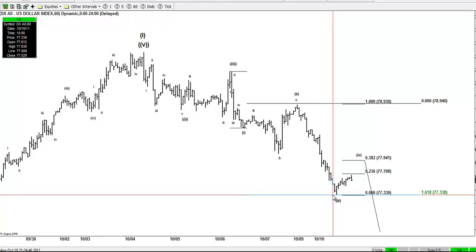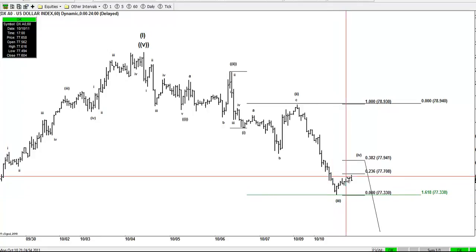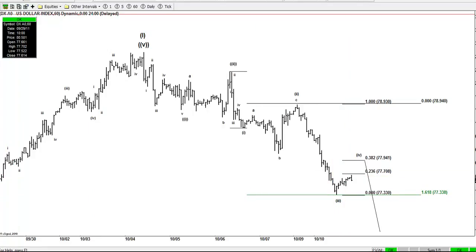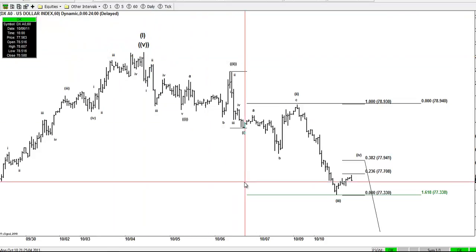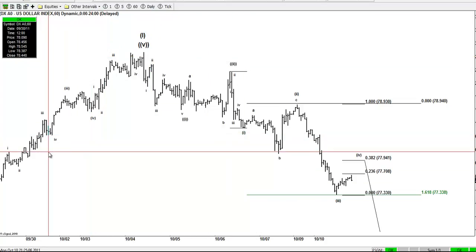Now, which way can we go right here within this move? We can go 2 ways. We can go as a modest wave to the downside, or we can go as a more corrective wave.